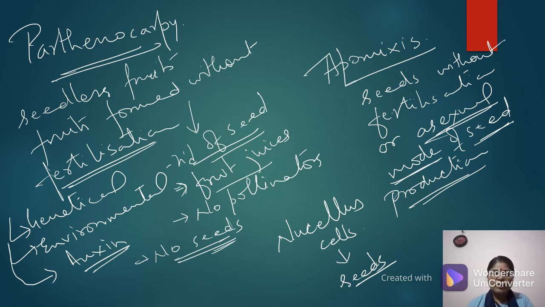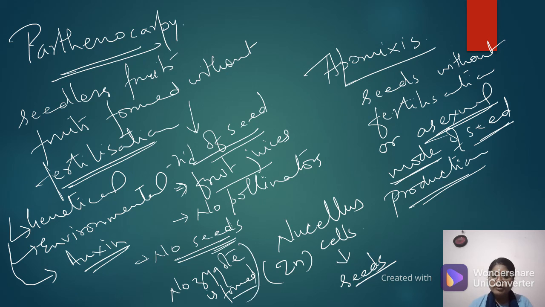The embryo has developed from a diploid cell, your 2N cell, rather than from a diploid zygote. This diploid cell is giving rise to your seeds. No zygote is formed in this case, no fusion of gametes is taking place, so it's an asexual mode of reproduction.